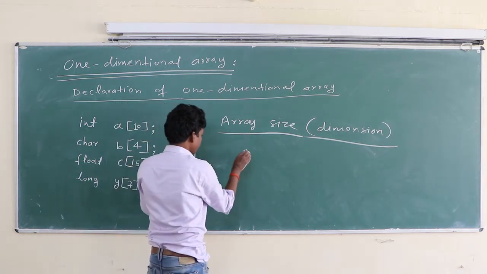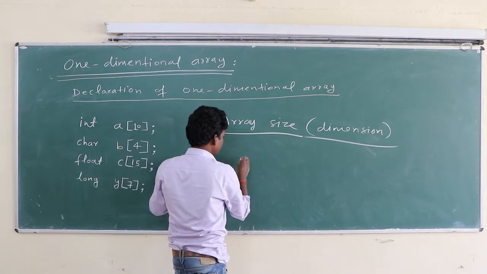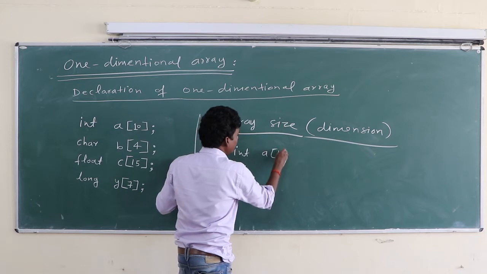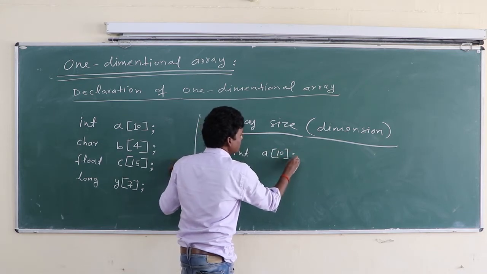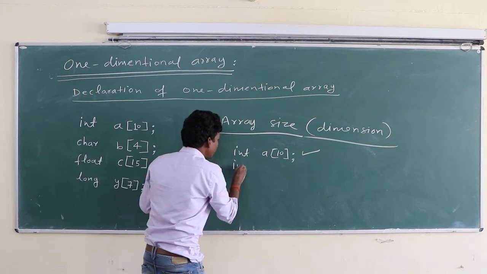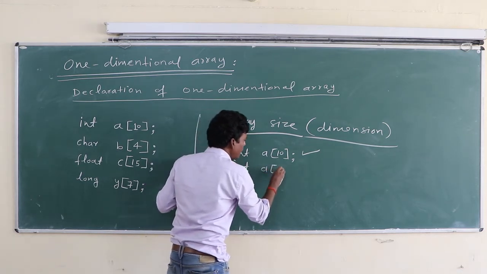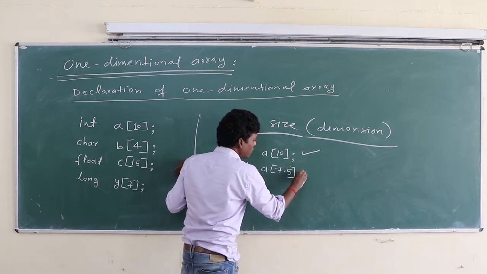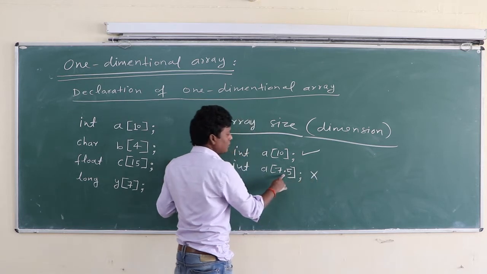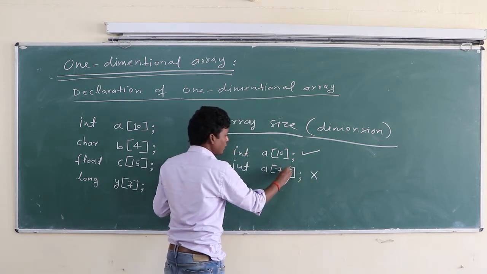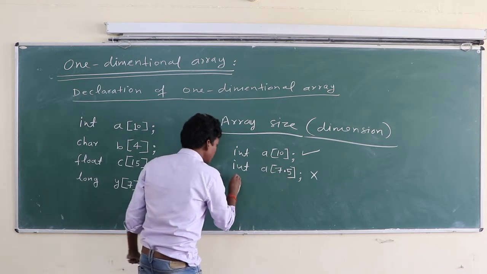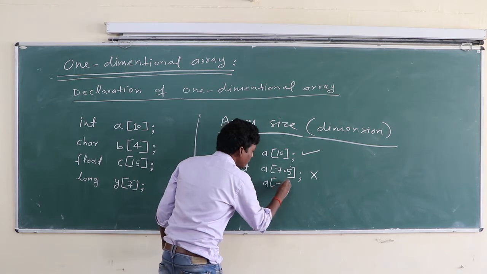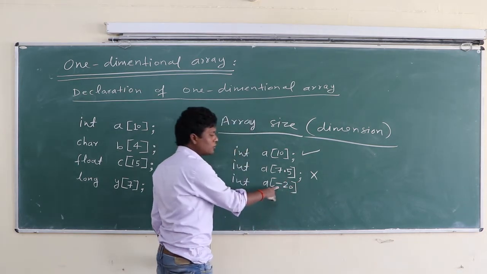Suppose here you write int a equal to 10. This is okay. If you write int a of 7.5, this is not okay, because this is not a positive integer, it is a real number, so this is wrong. Suppose you write int a of -20, this is not positive.